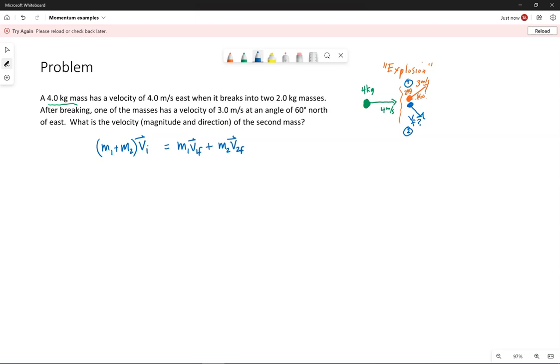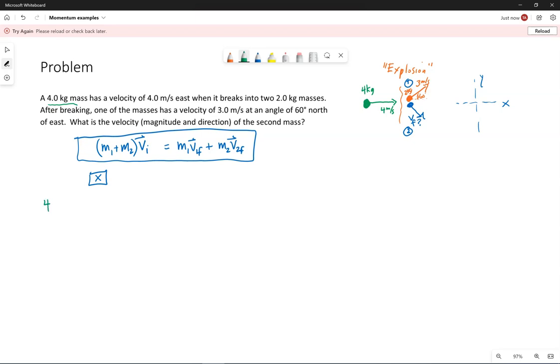Now again, because we have both x horizontal and y vertical motion occurring, we need to look at conservation of momentum in just the x direction and in just the y direction. Okay, so plugging these values in, but specifically for the x direction first.